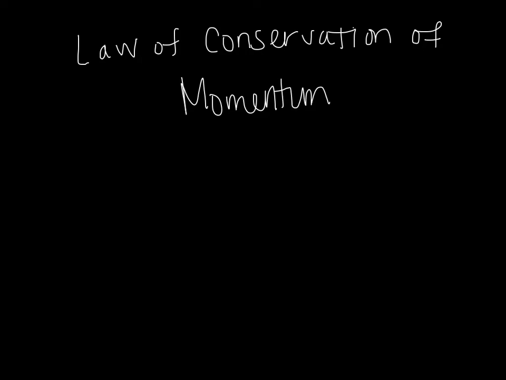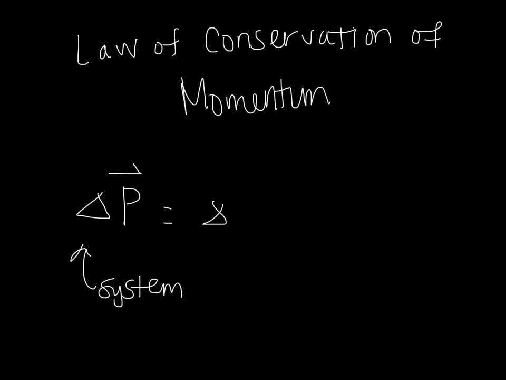This law just says that the change in momentum of a system is equal to the change of the momentum of one object plus the change of the momentum of another object plus the change of the momentum of another object, and so on and so forth.